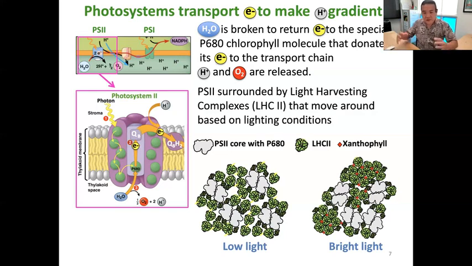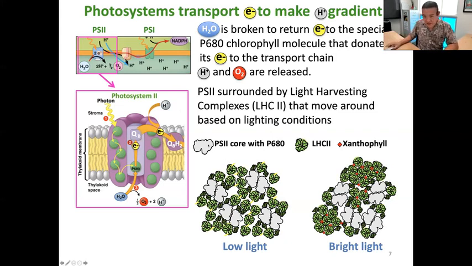So surrounding these photosystems are other proteins in the membrane that are just loaded up with all kinds of chlorophyll molecules. Because these are hovering around the photosystems, they're free to congregate and become more closely packed together, or they're free to space out and get farther apart.